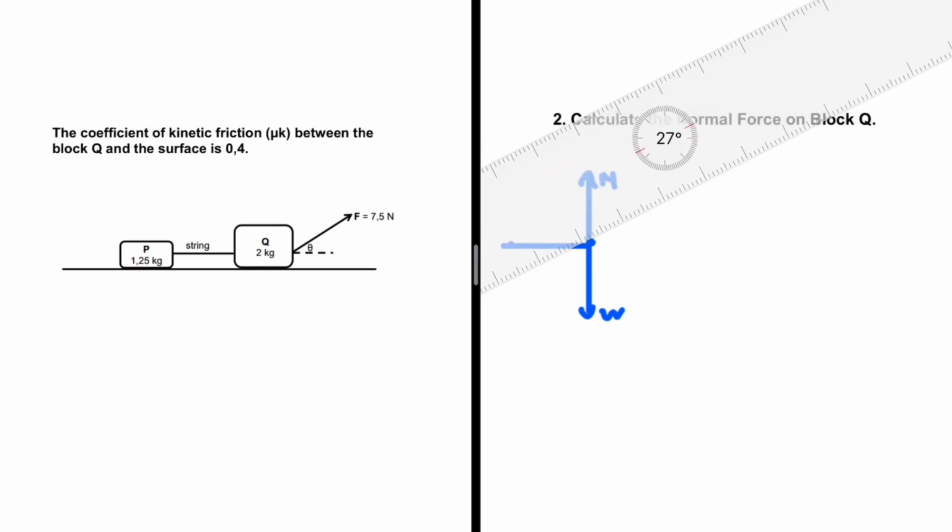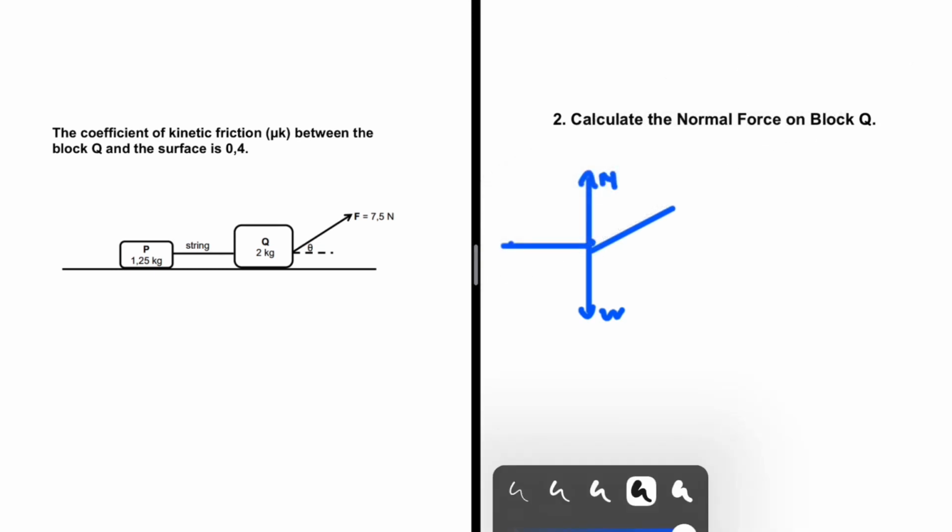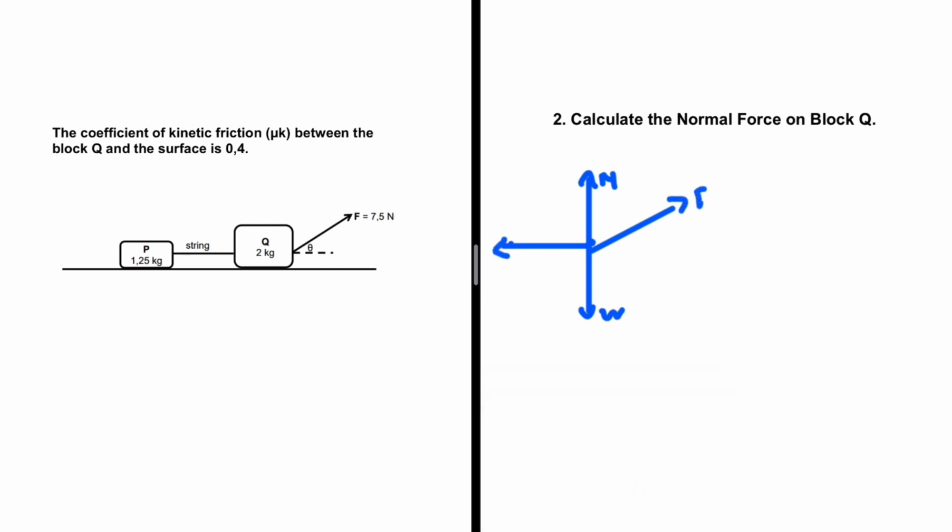Okay, and then the applied force is at an angle. So there we go, we have force applied. So let me just go ahead and fill these things out. This is force applied, we have tension, and we have friction. We don't know which one is greater between the tension and the friction, but at this point, it doesn't matter.